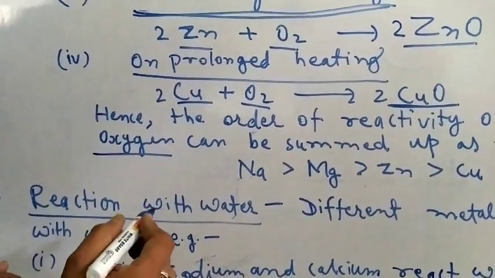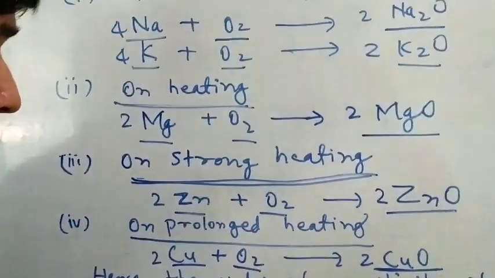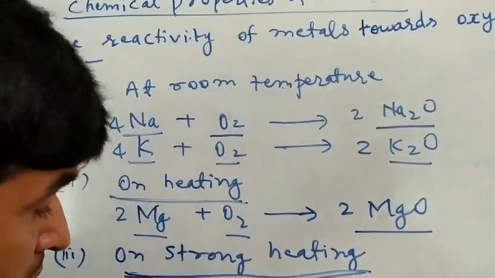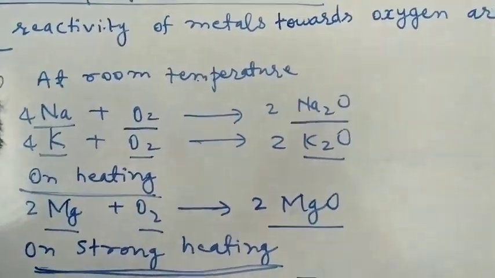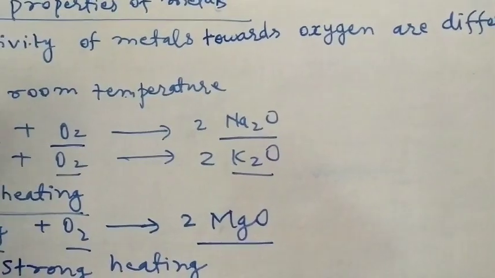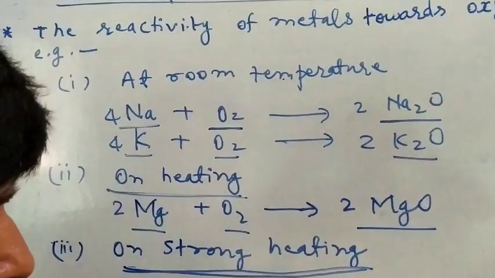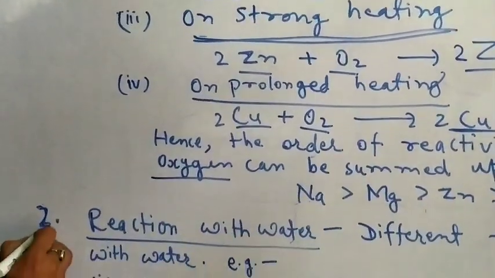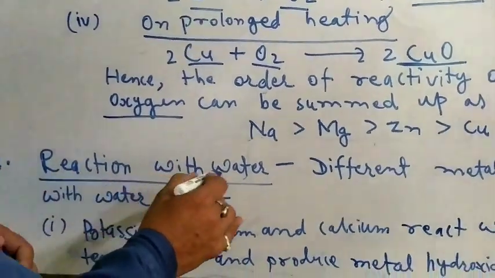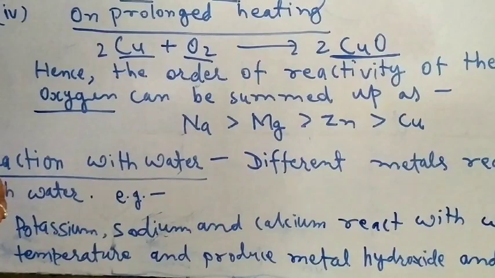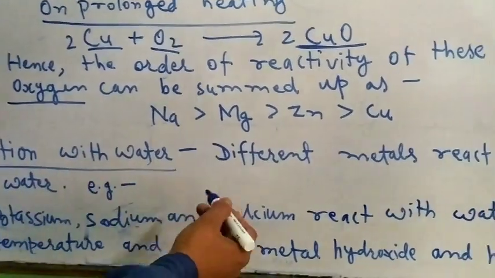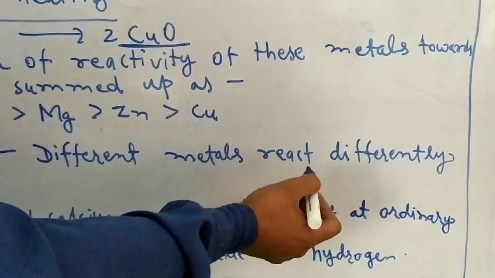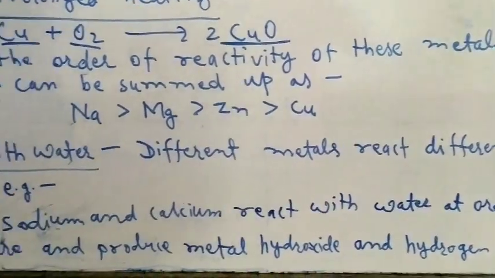So metals have different reactivity towards oxygen. The second chemical property is reaction with water. Different metals react differently with water.